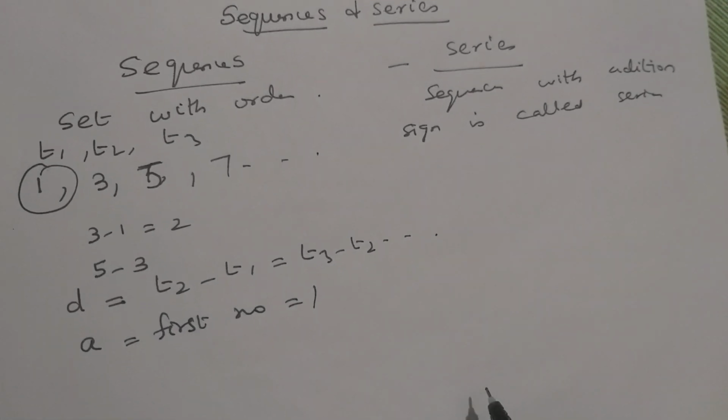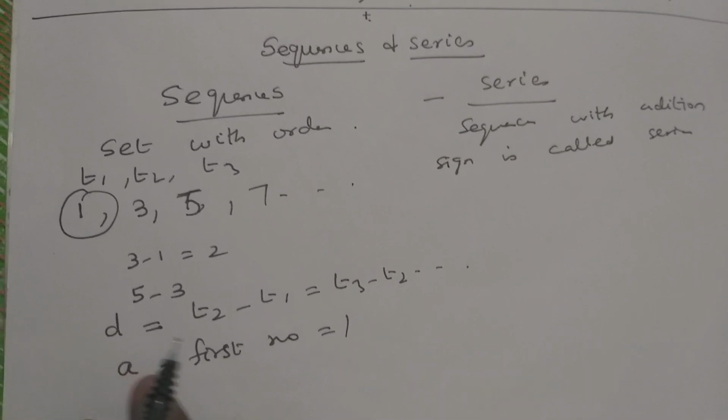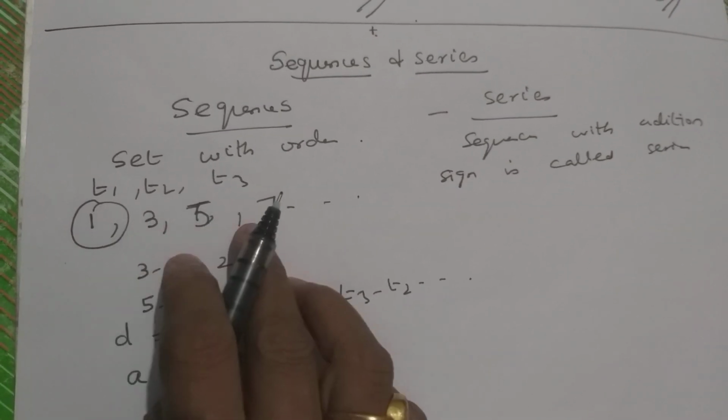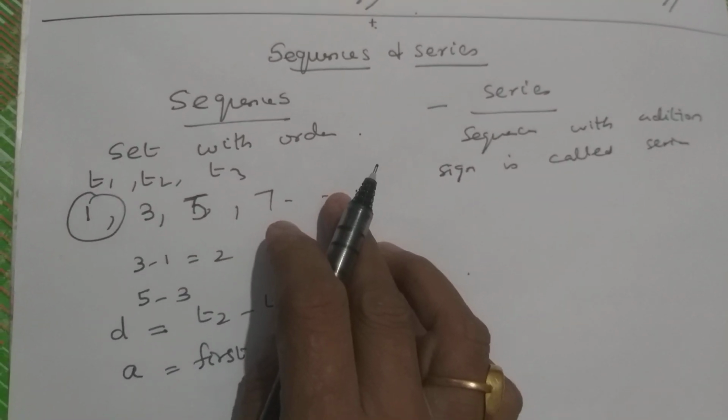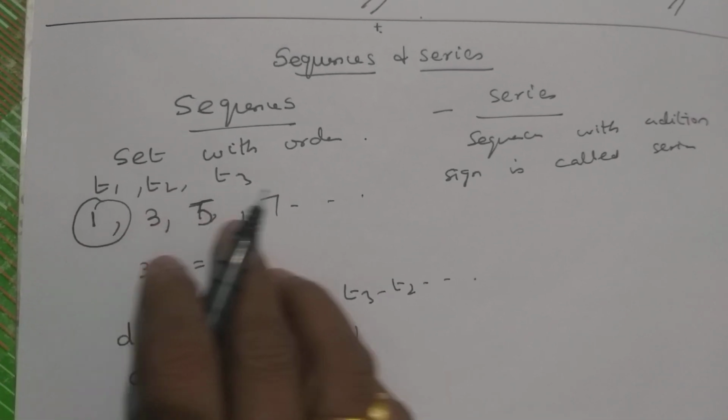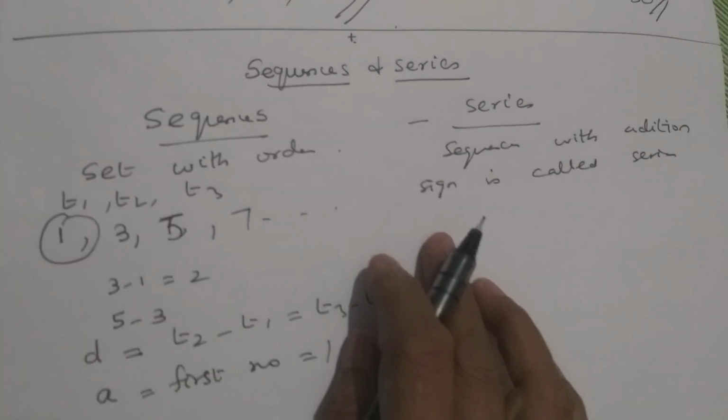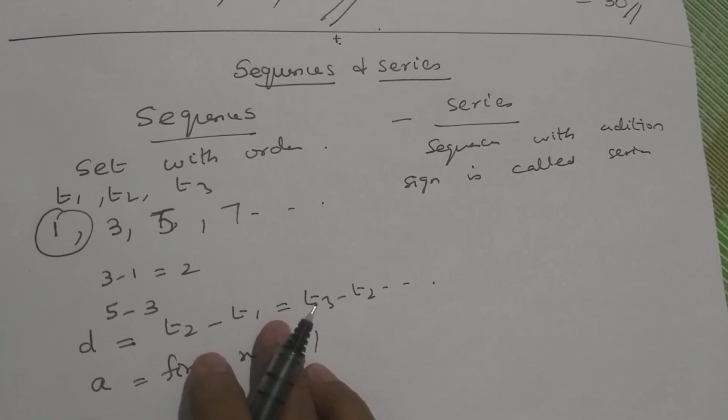Here A is 1, so the sequence is 1, 3, 5, 7. The difference between two numbers must be equal, then we can say it is in order.